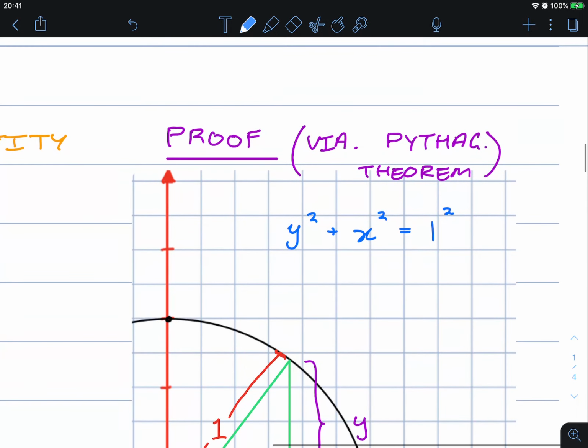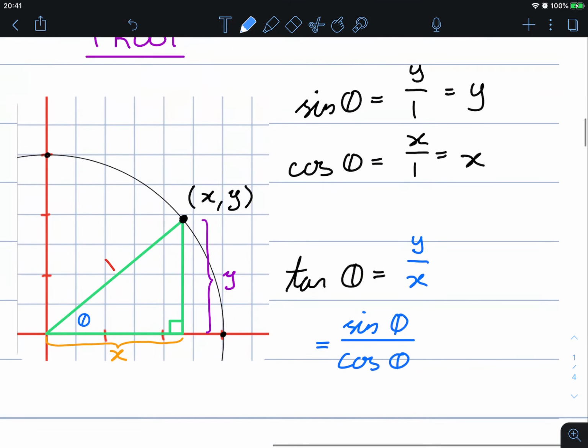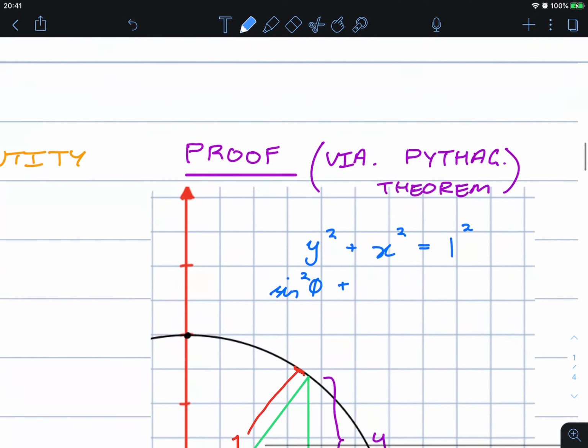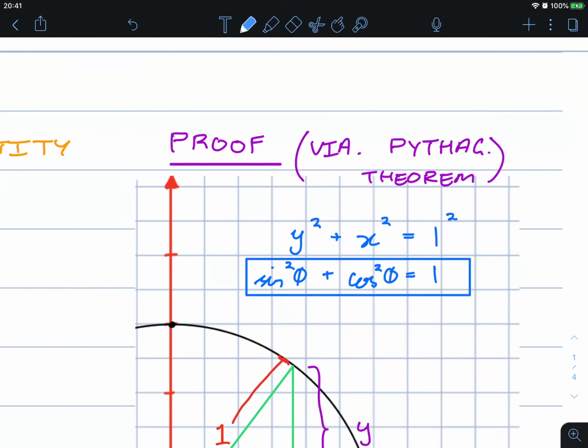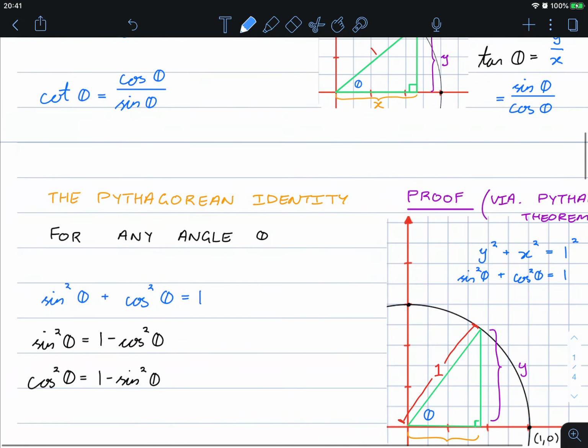So we'll substitute that. Y squared is sine squared theta. X is, well, cosine. That is cos squared theta. And 1 squared is just 1. And here is the proof for this identity.